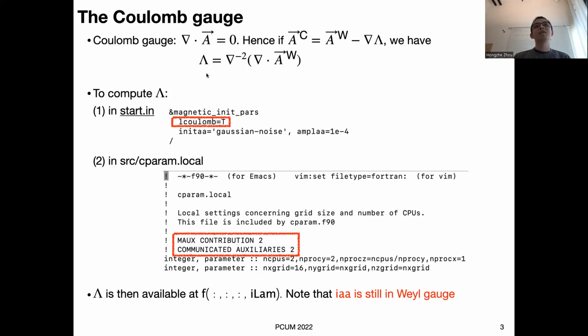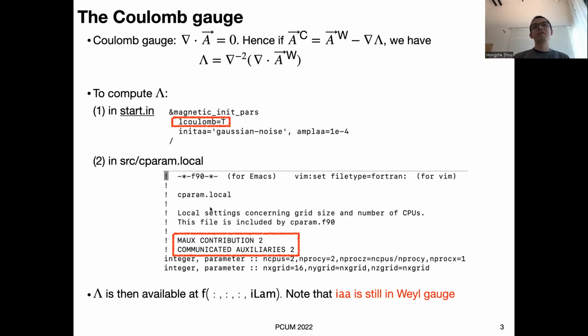To turn on this possibility, you can say lcoulomb equals true in start.in. You also need to add two auxiliaries, and they have to be communicated auxiliaries, because when solving for the inverse of the Laplacian, you really need the global information.